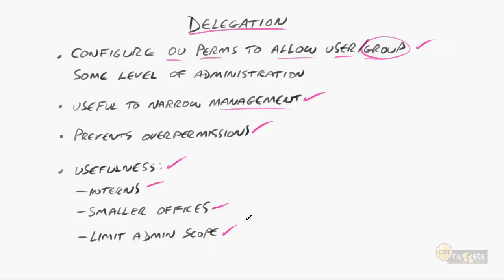There are ways of making this happen. But you can set permissions on each individual user account, allowing some other user account to reset those users' passwords, for example. But it's much simpler just to set the permissions on the OU, and then inheritance will flow down to the users and allow you to reset the passwords on those users inside of the OU.